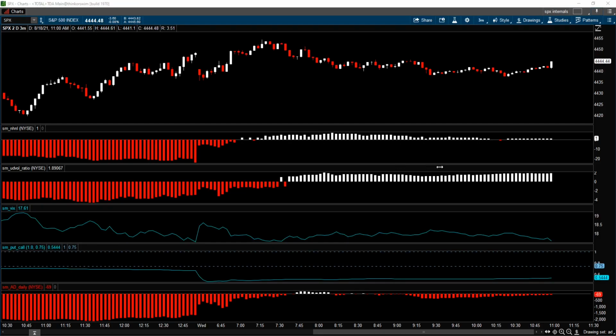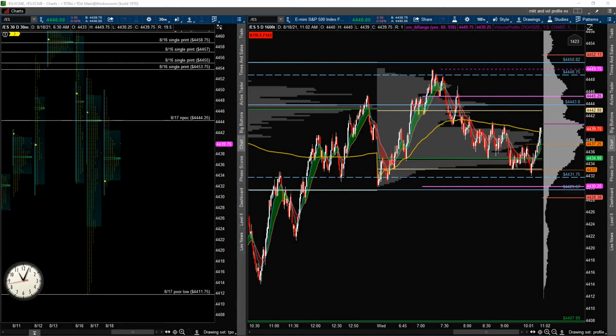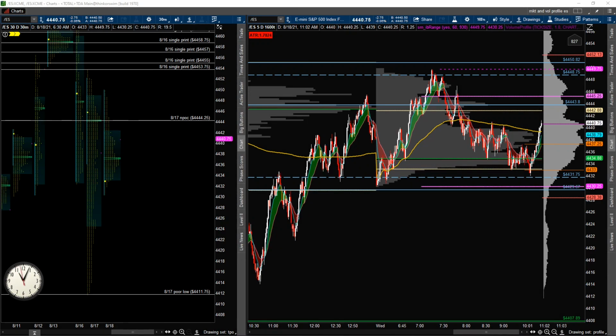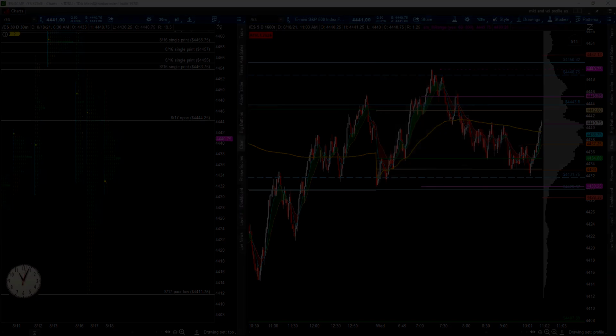Let's go take a look at the S&P 500. It's coming up a little bit. Not much has changed here on the put-call ratio. So far it seems like a little bit of a muted reaction. All right, I'm going to come back later when there is a little bit more price action.